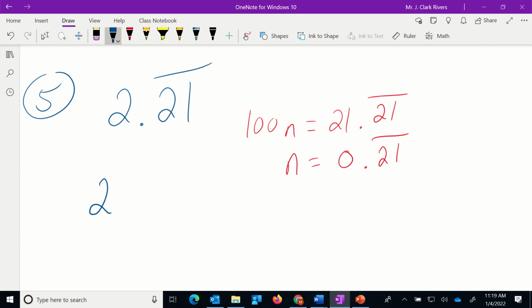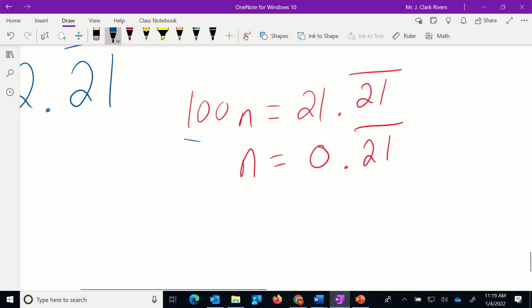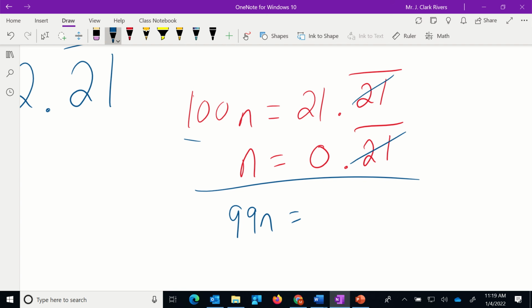We then subtract. 100n minus n gives us 99n. That's equal to 0.21 repeating minus 0.21 repeating. That becomes 0, and we're left with 21 minus 0, which is 21.